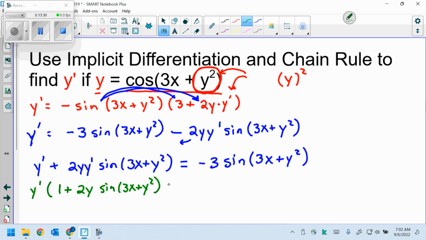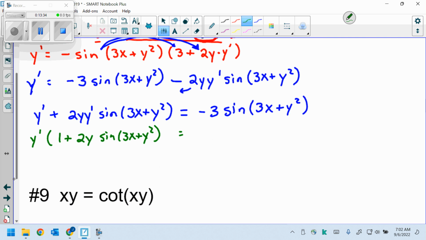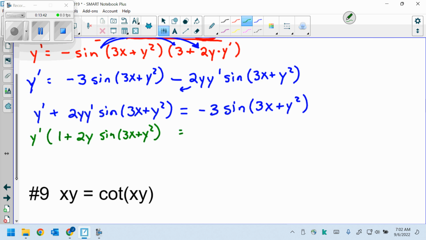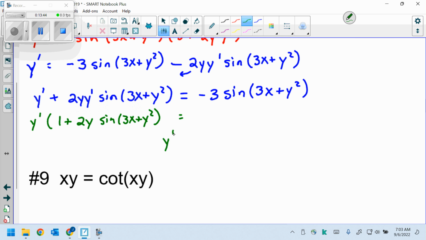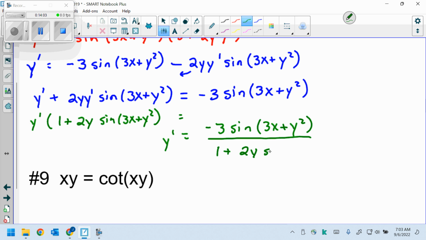Instead of writing all this out, what some people will do is kind of do that in their head, and they just jump right down to saying y prime is equal to negative 3 sine of 3x plus y squared over 1 plus 2y sine of 3x plus y squared.